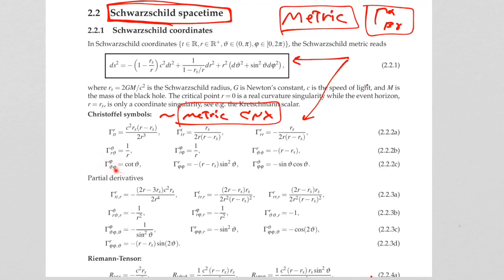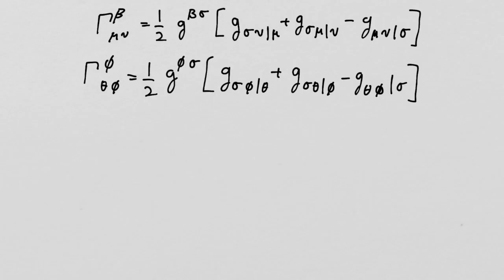Phi theta phi. All right. So here I've written out the metric connection formula for phi theta phi, and we'll use the same technique, right? The only time that this cannot be 0 is when sigma equals phi, but sigma and phi here match, so that one's actually going to be good for that one circumstance.